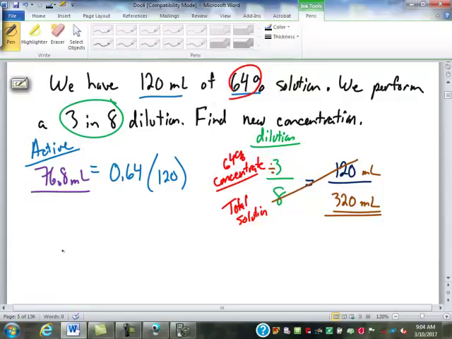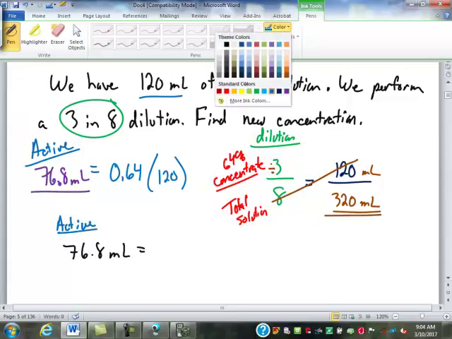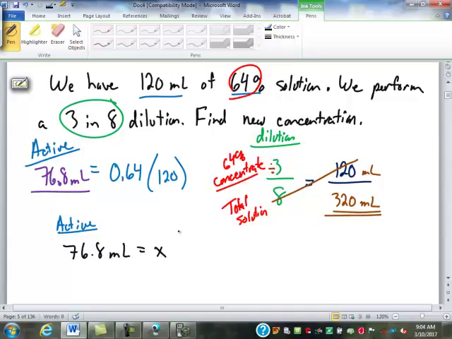So we can roll back here to our formula. We have 76.8 milliliters of that active ingredient. Our concentration is what we're trying to find, and our new total volume is 320 milliliters.